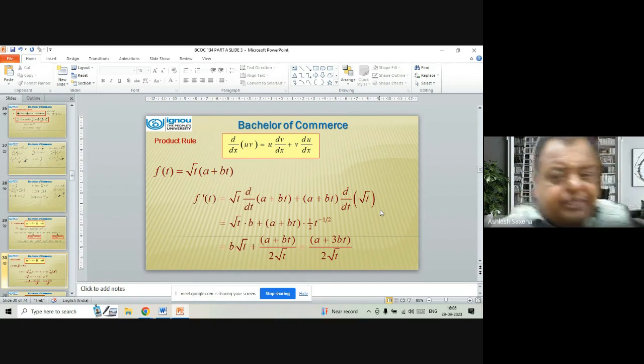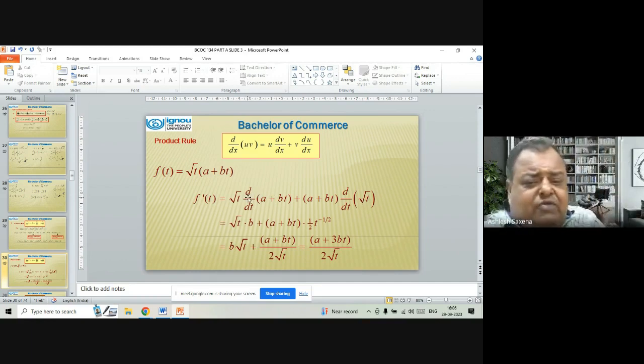Now, you can see over here, we have to differentiate this function in terms of t. We don't have anything in terms of t in a, so it will be 0. Differentiation of t with respect to t is 1, so you will be left with b only. Plus, bring this root t down as t power 1 by 2.